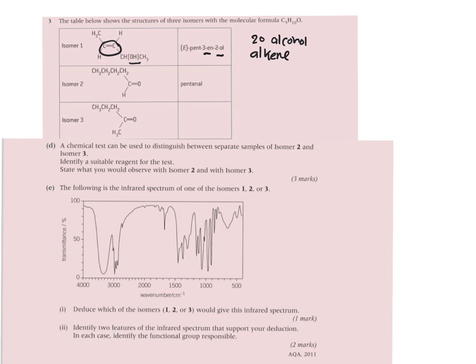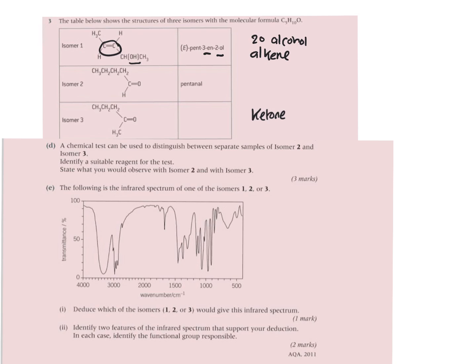We can see that isomer 3 is a ketone. And we know that there are not many laboratory chemical tests on the AS syllabus to identify ketones. But you certainly know chemical tests to identify an alkene and a secondary alcohol. So there are 2 possible answers here.